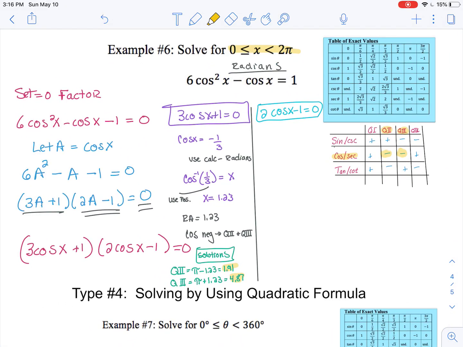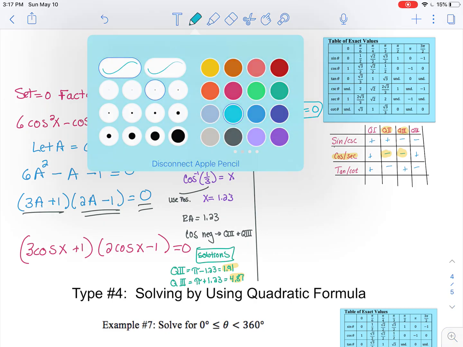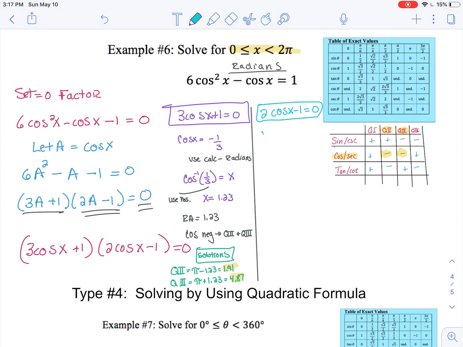Now we need to find our solutions for the second equation. I'm going to rewrite this, I get cosine x equals 1/2. This is an exact value, so we can use the chart.